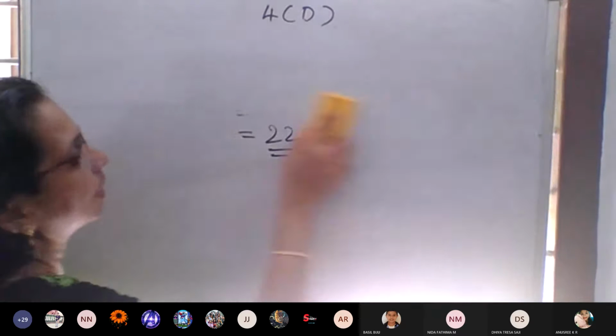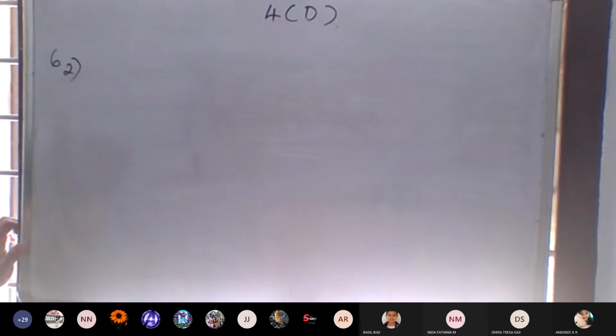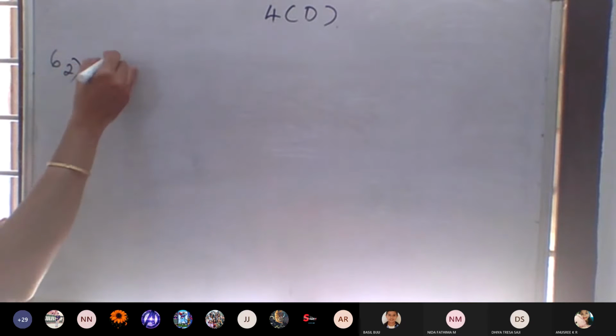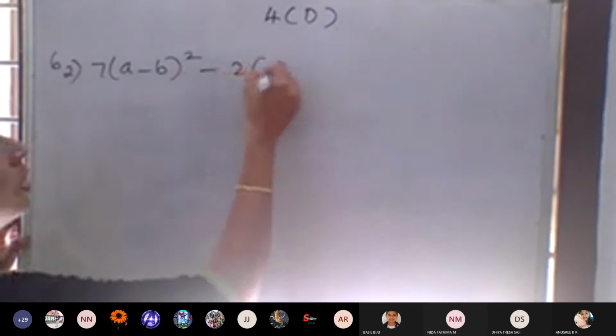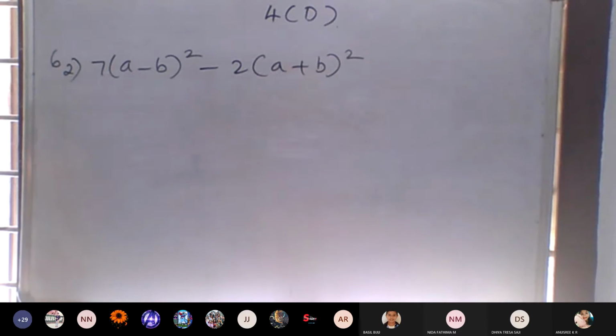I will write only the answer. The second one: 7 into (a minus b) whole square minus 2 into (a plus b) whole square. We have (a minus b) whole square and (a plus b) whole square. Now simply substitute only. For the exam you have to do the full steps, but now just substitute.